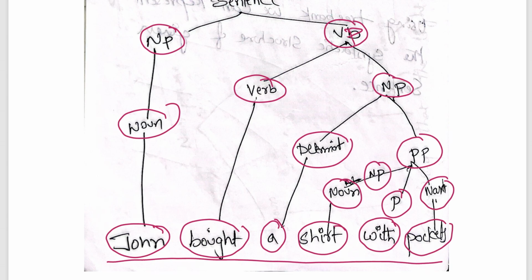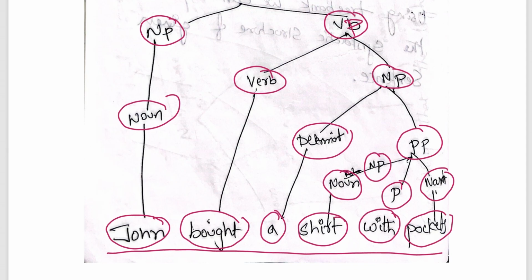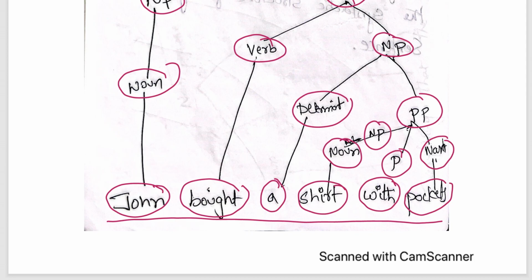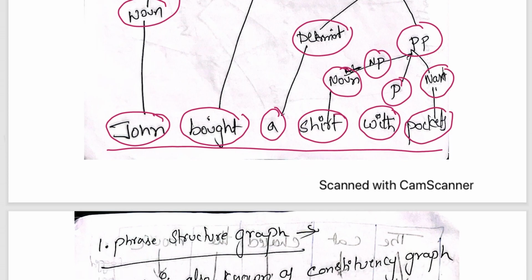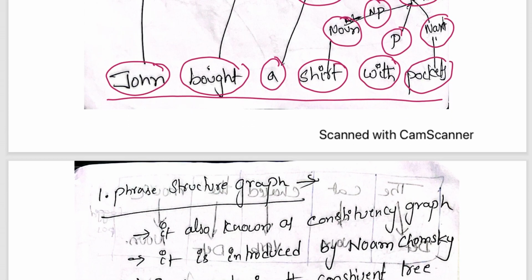Now we have constructed the syntax tree for John bought a shirt with pockets using the constructed grammar. I hope everyone understands how to construct the parse tree with the help of the given input sentence and the constructed grammar, that is, the production rules. That is the general procedure.